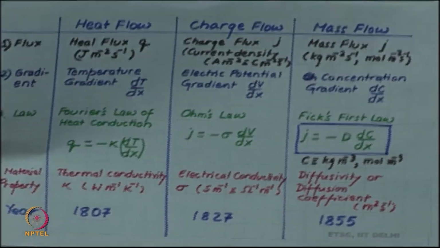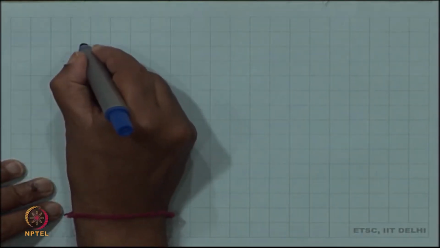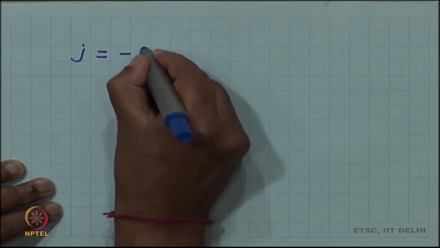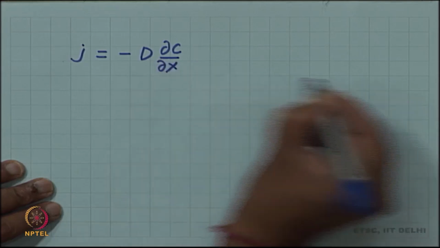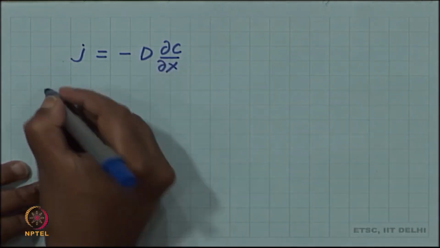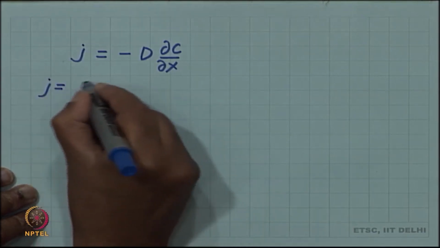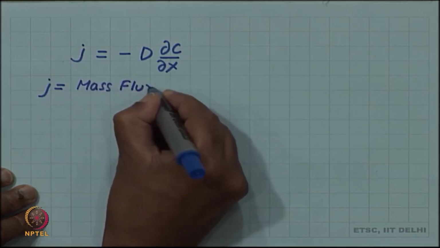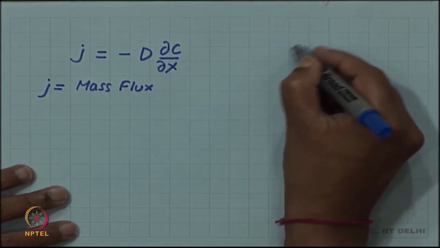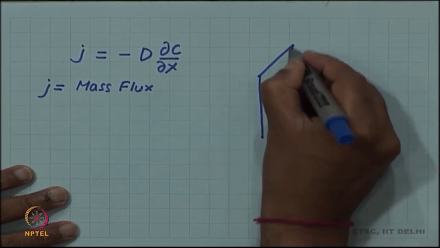So, let us look at a little bit more about Fick's first law. So, J is equal to minus D del C by del x. J is mass flux. So, essentially by flux you mean, let us have an area.